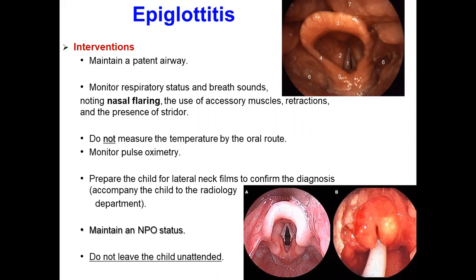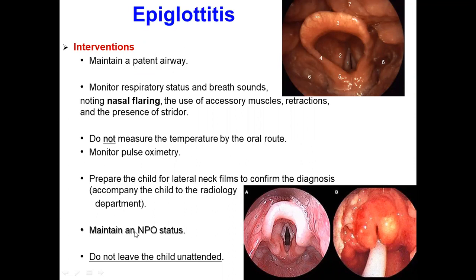Do not measure the temperature by oral route. It is dangerous. Monitor the pulse oximetry. If we see the oxygen saturation less than 95%, we give them oxygen. Prepare the child for lateral neck X-ray to confirm the diagnosis.